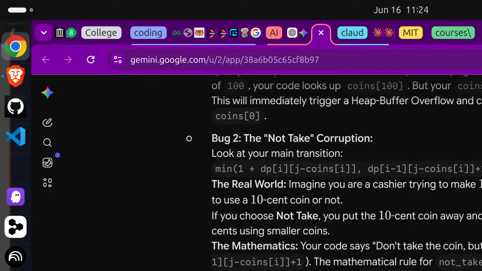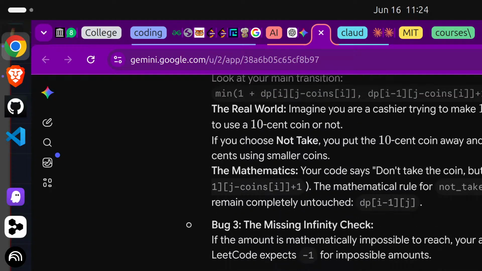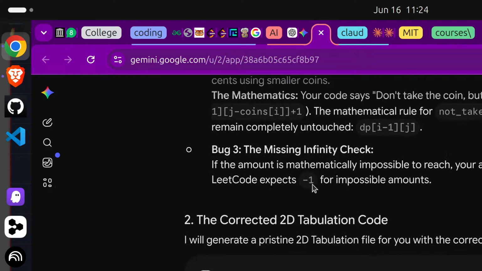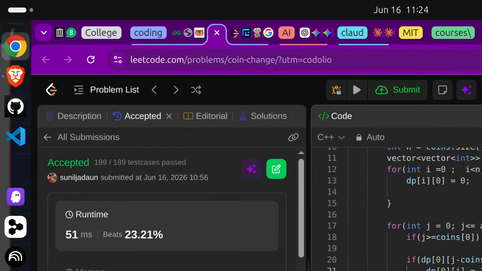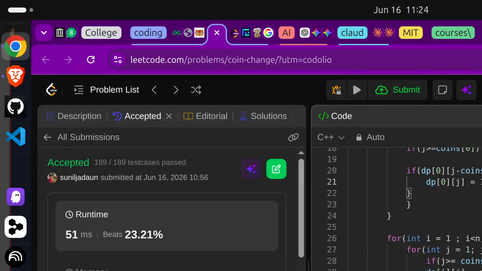Okay, so I think I found these cases here.